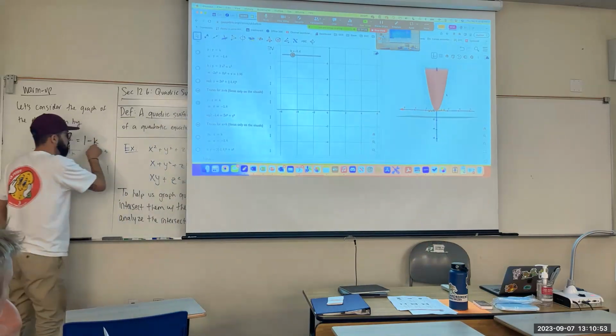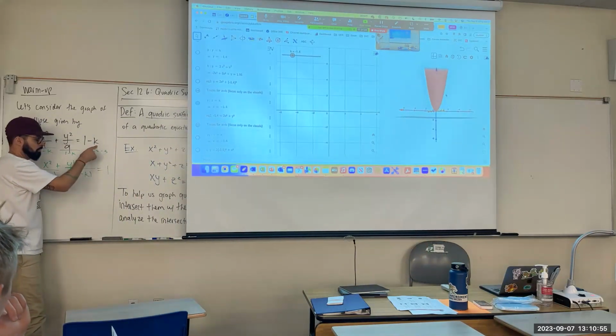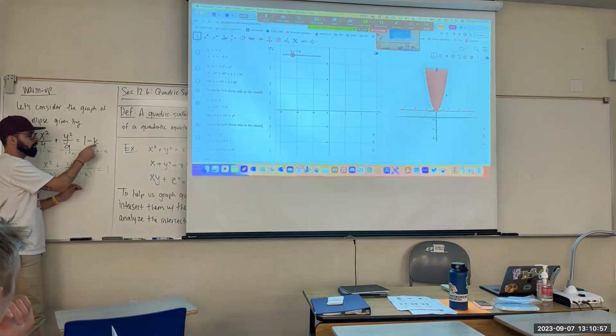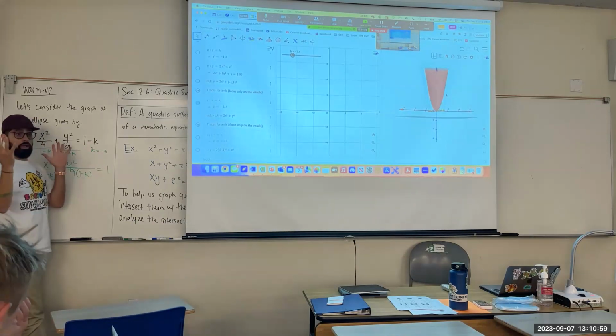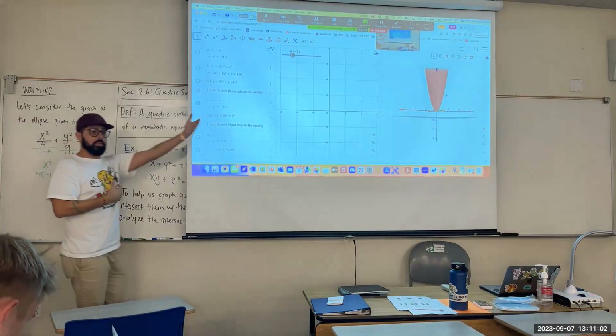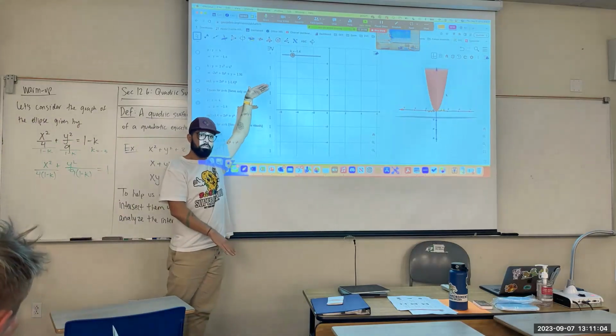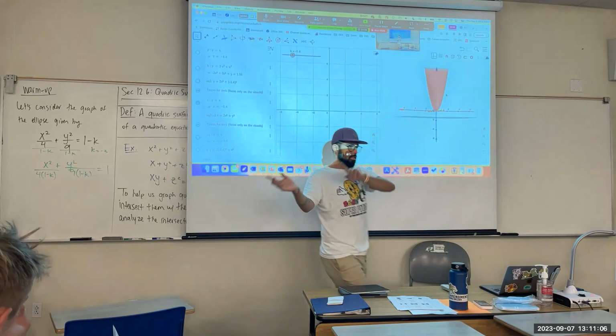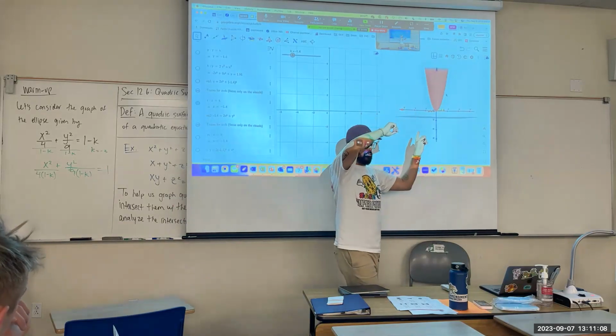This is going to be a variable. Remember, when k was bigger than 1, there was no graph. And that means in 3D, there's a plane that is no longer going to intersect the curve. That's why that was happening, because in 3D, that's what's happening.